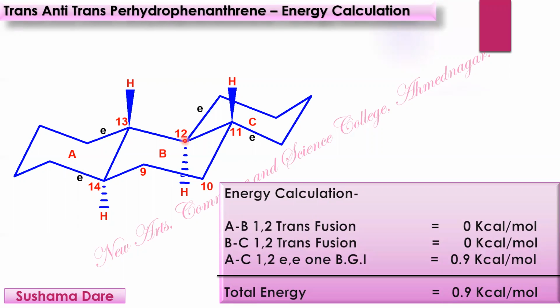And 1-3 equatorial interaction is 0. Same, numbers 11 and 13, again these bonds are equatorial, they never interact. So 1-3 EE interaction is 0. So overall, the total energy of this molecule is 0.9 kilocalorie per mole, and that 0.9 is because of C13 equatorial bond and C12 equatorial bond.